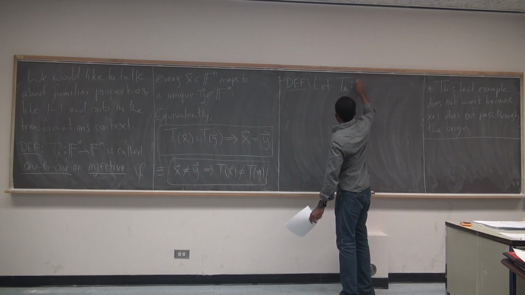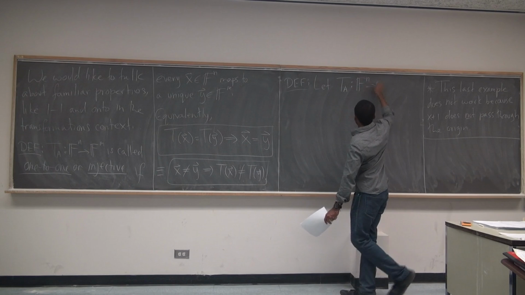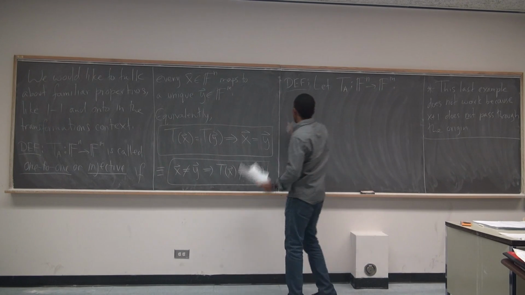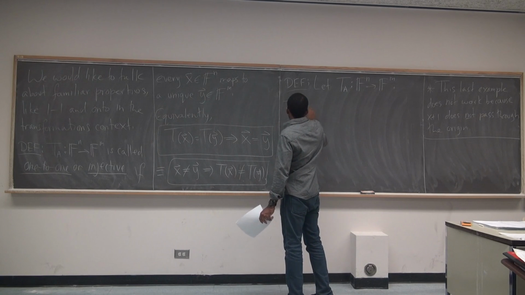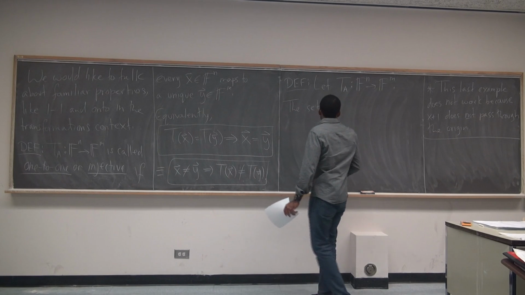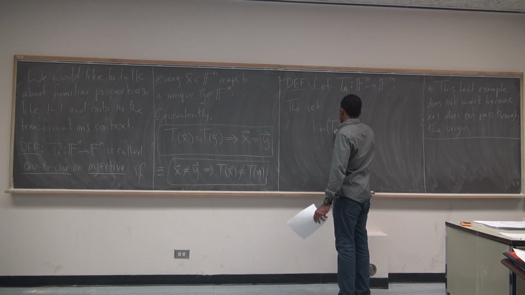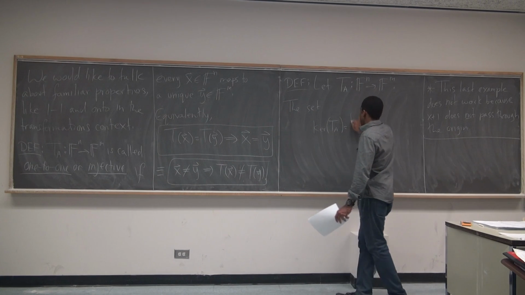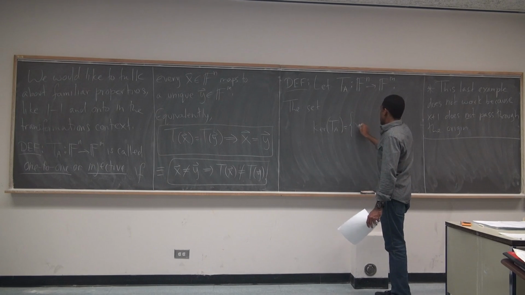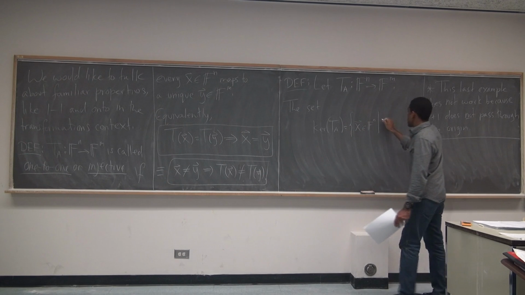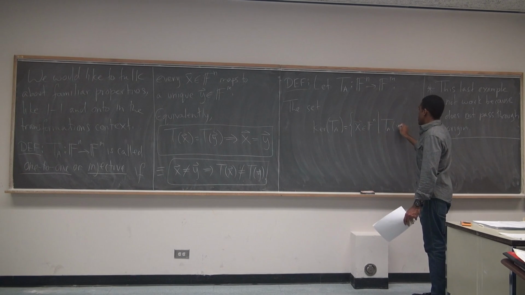Let T_A be a transformation from Fn to Fm. The set, which we call the notation ker T_A, is the set of all x in Fn such that T_A of x equals 0.